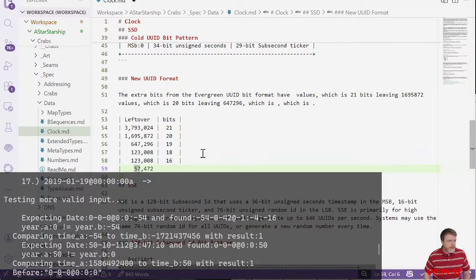That's actually kind of interesting, the way that this math is working out. And 15.